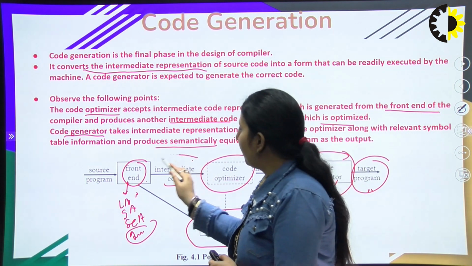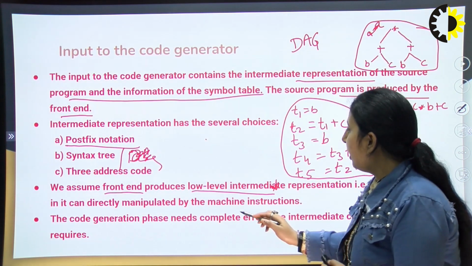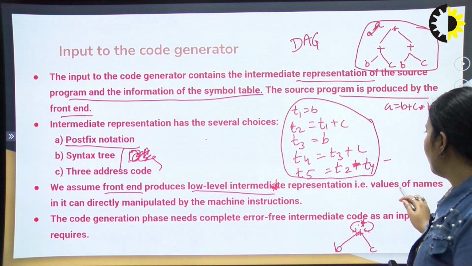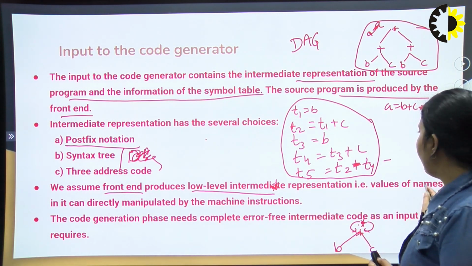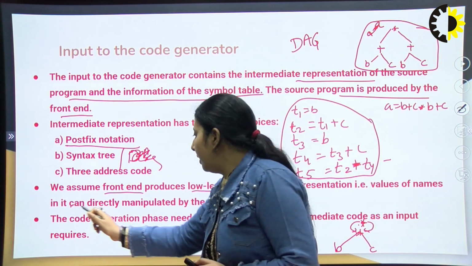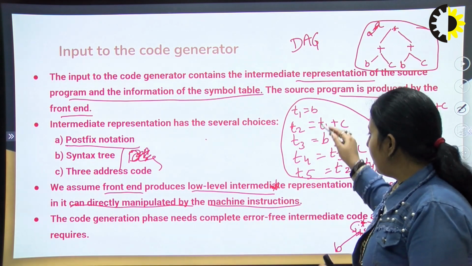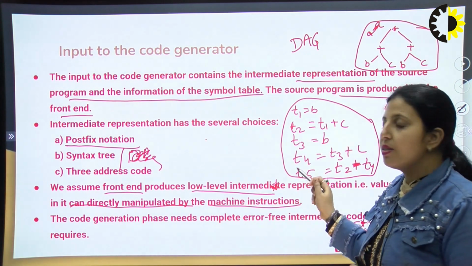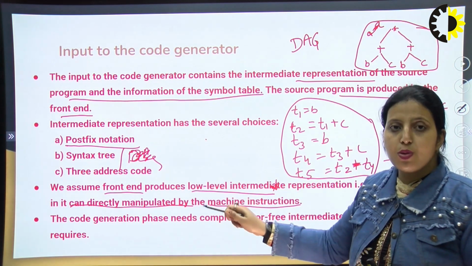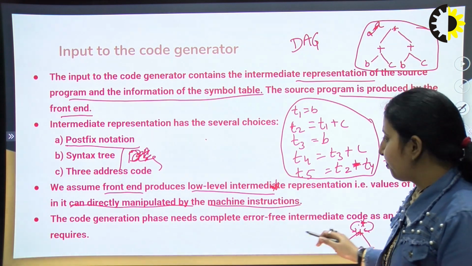So why are we saying it is low level? Because the values of the names in it can be directly manipulated by machine instructions. That's why the intermediate code produced by the front end is low level intermediate code, right?